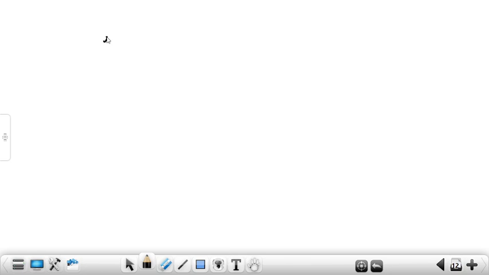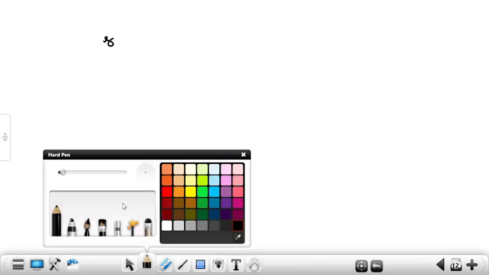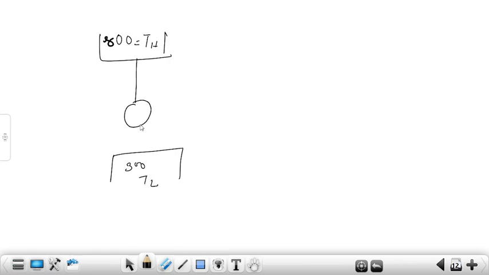So given the upper limit 800, which is TH, and the lower temperature limit is 300, and this is the heat engine which produces W by rejecting Q2 and accepting heat Q1.